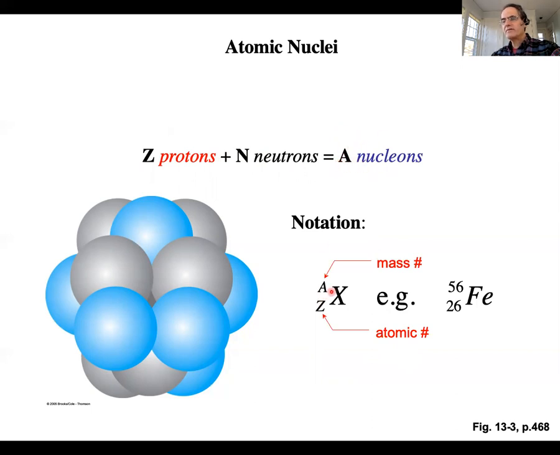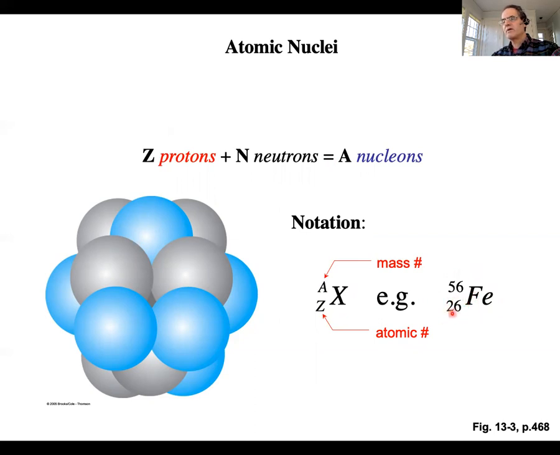The notation that's usually used is this. There's a chemical symbol for the element. And then in the upper left-hand corner, we give the mass number. And in the lower left-hand corner, we give the atomic number. So for example, here's the symbol for iron 56. Iron contains 26 protons.